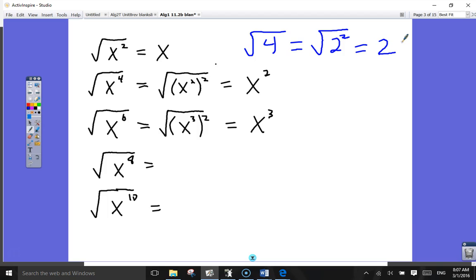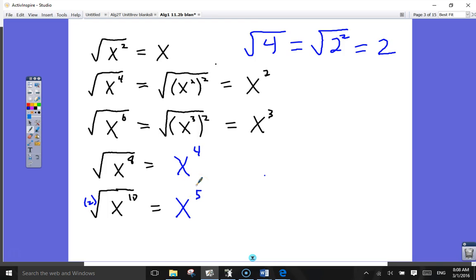So I go, 2 divided by 2 is 1. 4 divided by 2 is 2. 6 divided by 2 is 3. 8 divided by 2 is 4. I could rewrite it as x to the 4th squared, but in the end, it's going to be x to the 4th. Just divide the power by the index, which is invisible. It's a 2. How about x to the 10th? 10 divided by this invisible 2 is 5.